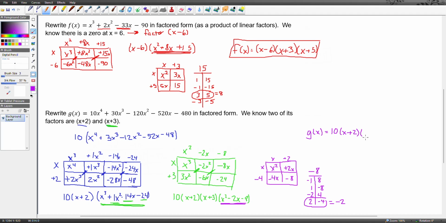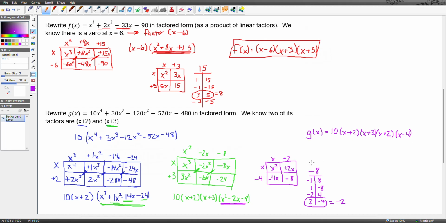The x plus 3 was from the green box. And then in this last box, we've got an x plus 2 and an x minus 4. And that's the fully factored form.